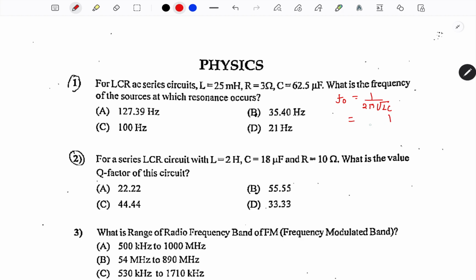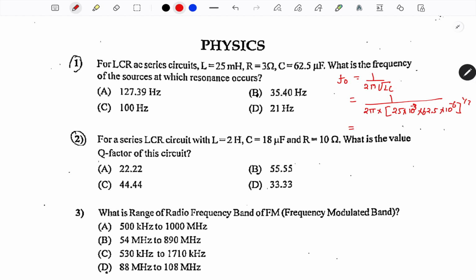According to this, 2 pi multiplied by L, which is 25 millihenry, into 10 to the power minus 3, multiplied by 6.5 into 10 to the power minus 6, raised to 1 by 2.